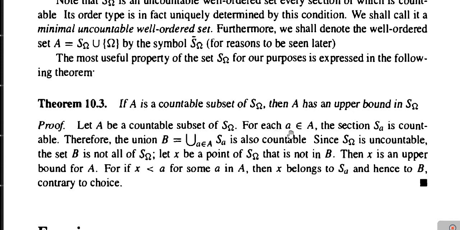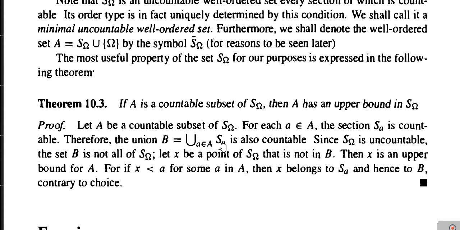Then for each a belonging to A, the section S a is countable. Therefore the union B, which is equal to the union of S a over a belonging to A, is also countable, because this is a countable union of countable sets.